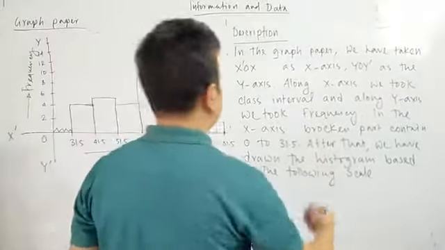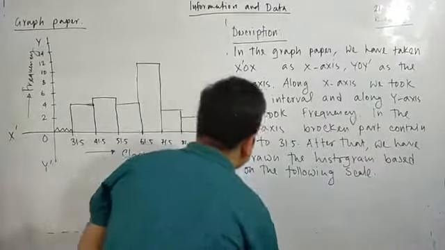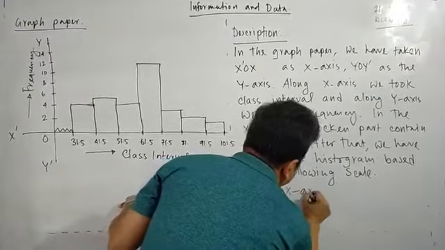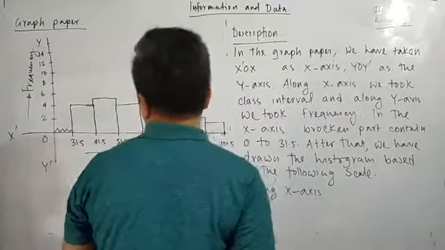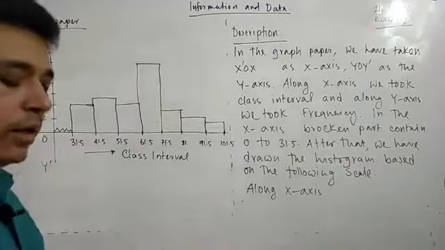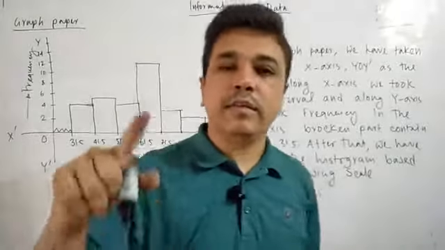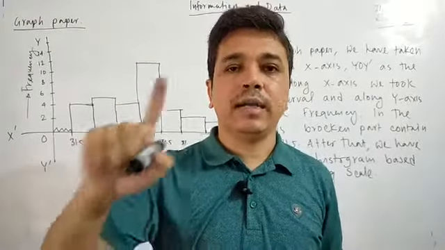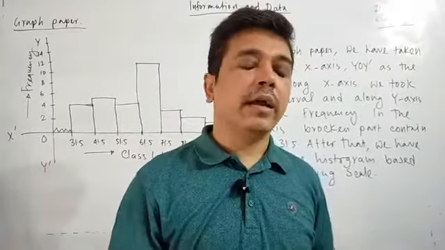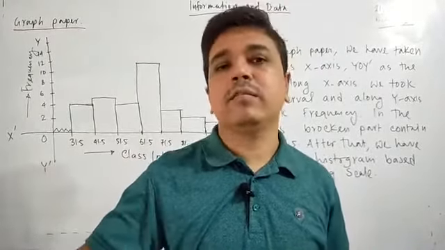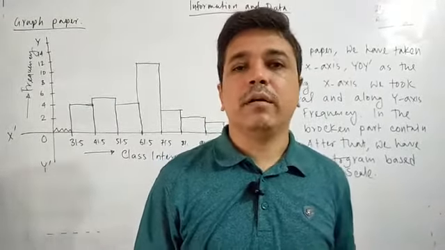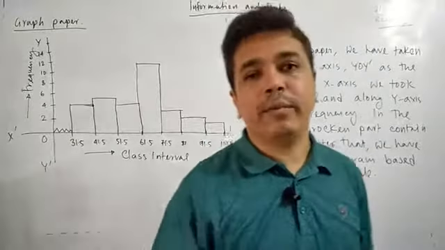So what is the scale here? Scale is along the x-axis. Look at that. If you take this one in the graph paper, you will get every single square as 1 inch. You must take 1 inch graph paper, not centimeter. Normally we will take the exam virtually, so we do not have the opportunity to provide graph paper to you.